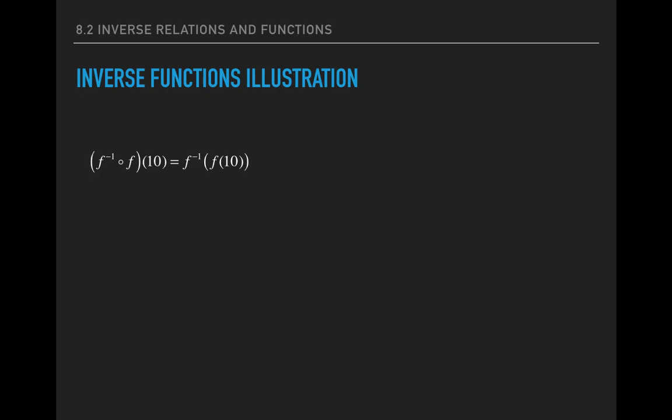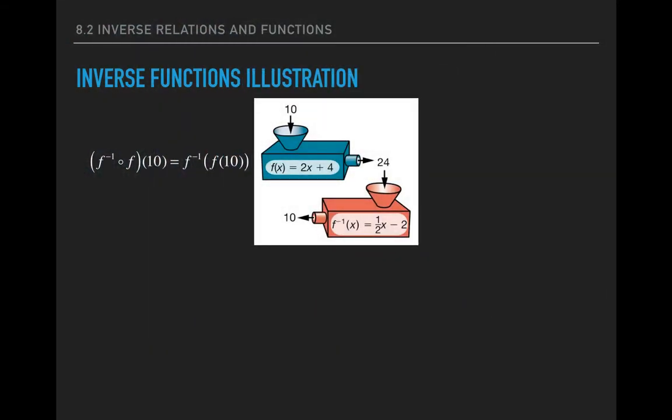Sorry, that's kind of a tongue twister. F inverse of f at 10. In this little graphic you can see, that means take 10 and plug it into the f function. That would be 2 times 10, which is 20, plus 4, which gives you 24.